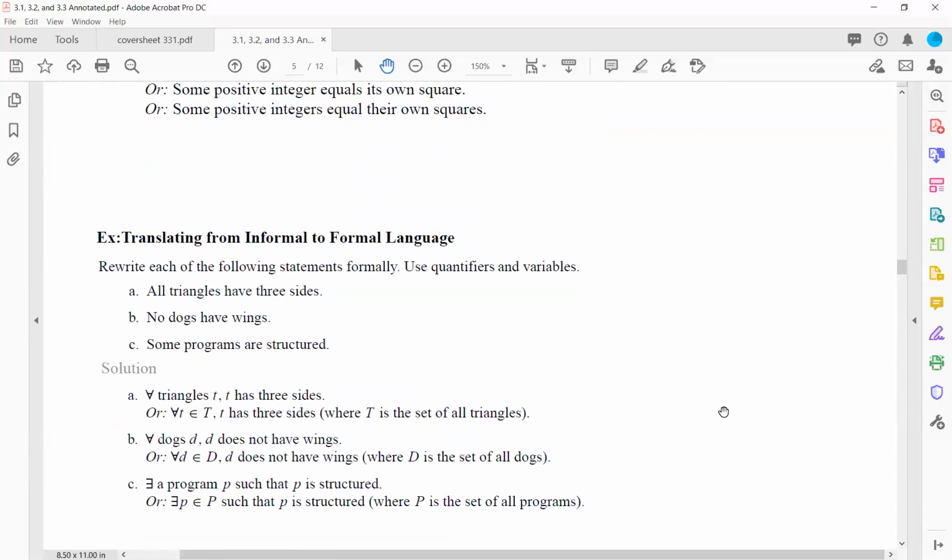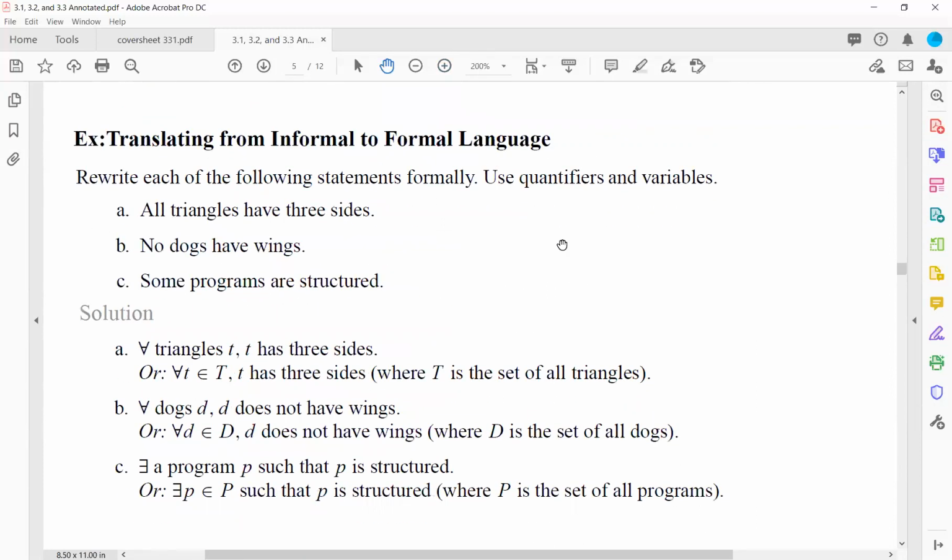Another example. Now suppose you have some statements and you want to write them in mathematical format. The first one says all triangles have 3 sides. All, it's a universal statement: for all, for any. First of all, you can just write it this way: for all triangles T, you need a variable, T has 3 sides.